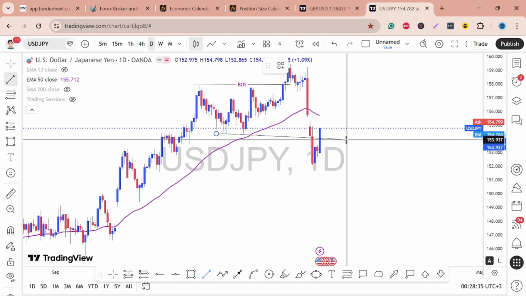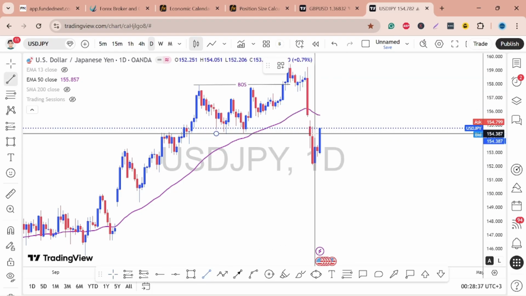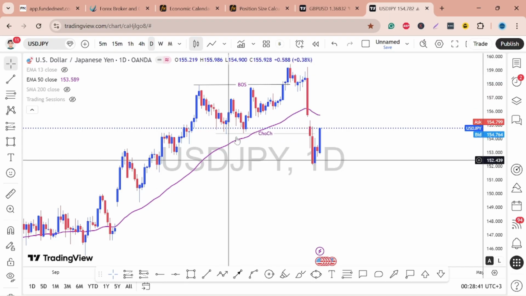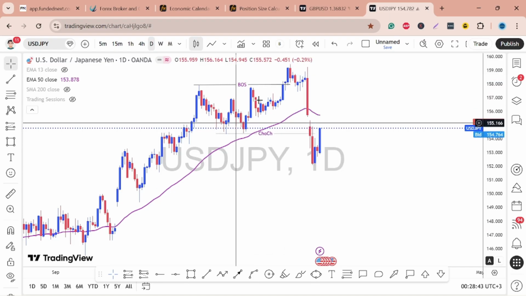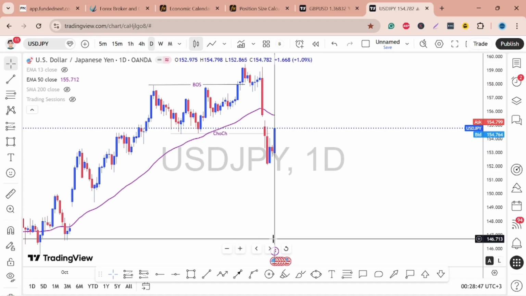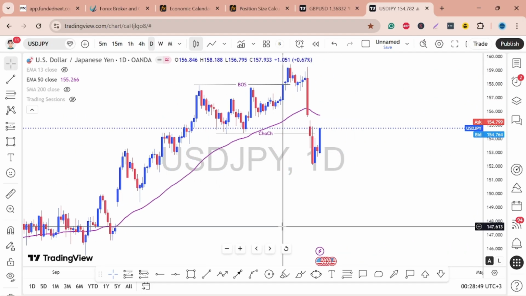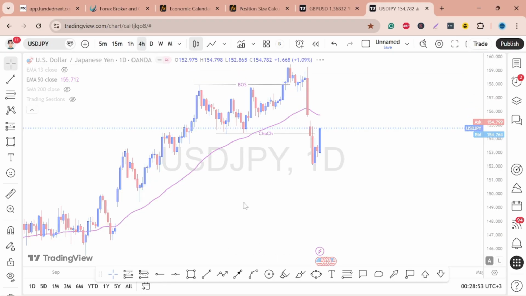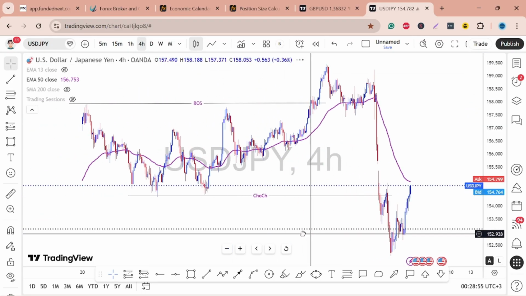This was a change of character on the daily time frame, because ideally this was a swing low, this was a swing high. Now that means we should be looking for short positions.